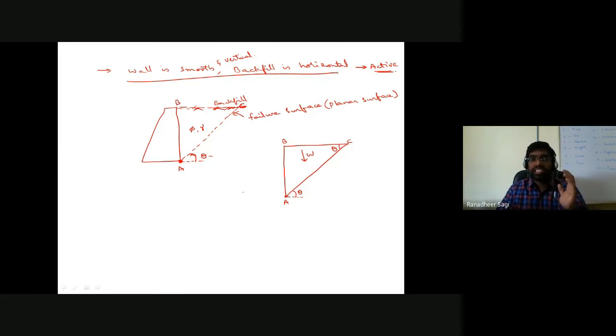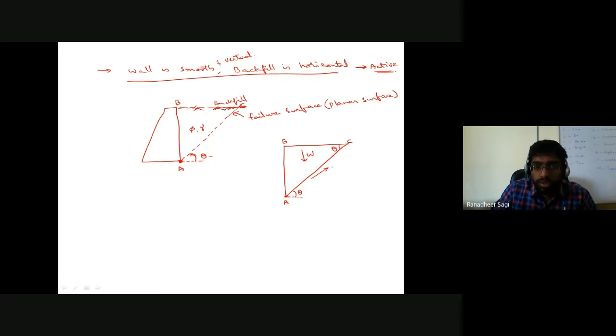The soil wedge starts sliding in the downward direction, because if the retaining wall starts moving away from the soil, there is a vacant portion available here, because of which the soil tends to slide downward. So if the soil is trying to slide in the downward direction, then the friction along this failure surface is going to act in the inclined upward direction.